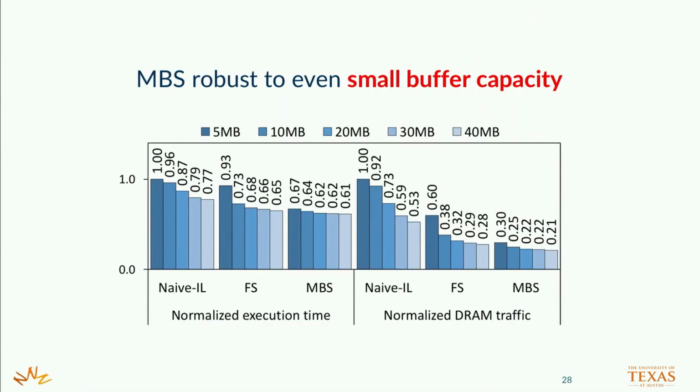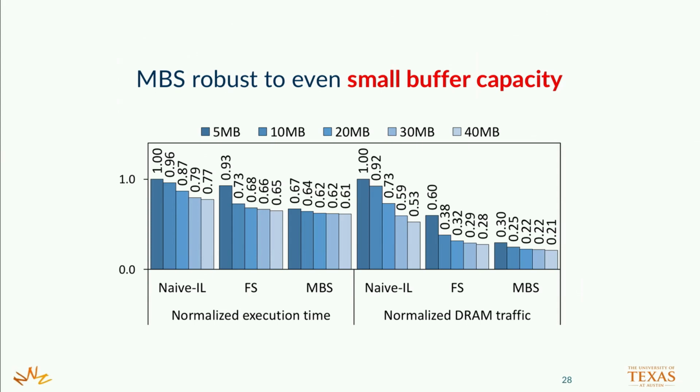I also evaluate our proposed ideas on different buffer sizes. So here, this graph shows the execution time and memory traffic for three different configurations using 5 different on-chip buffer sizes.